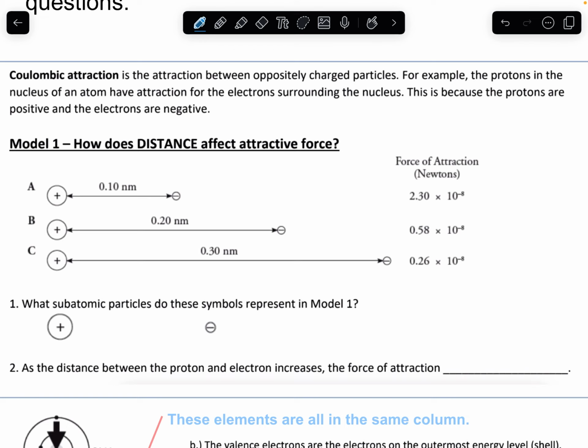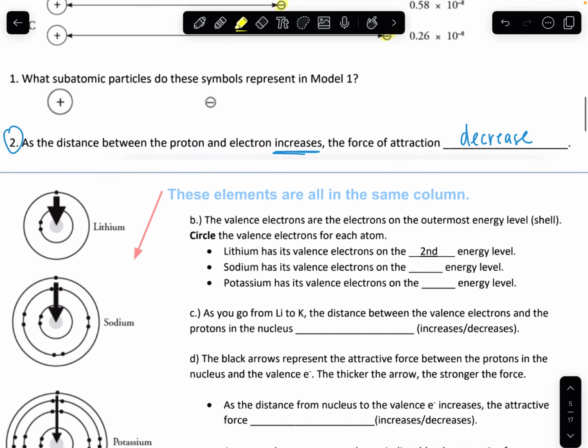So, for this question right here, number 2, as the distance increases, our force of attraction is actually going to decrease. So, as those electrons get further and further away from the proton, which we can think of as kind of like a magnet, that attraction between them is going to decrease.